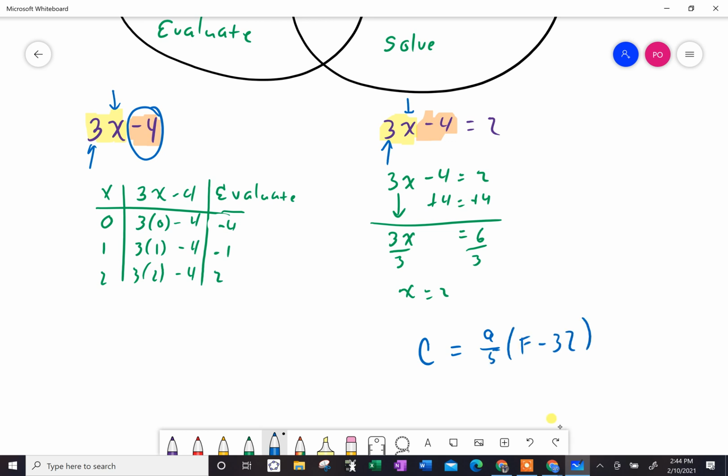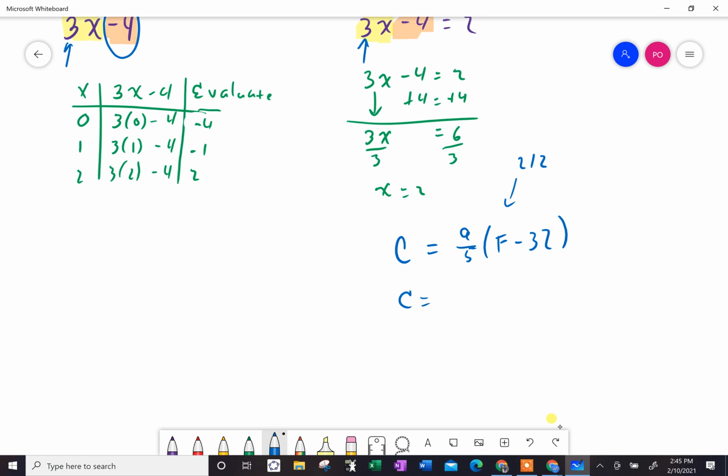So now I have two variables, and if I know that F equals, let's say, 212 degrees, after I do the math, C would equal 9/5 times 212 minus 32.